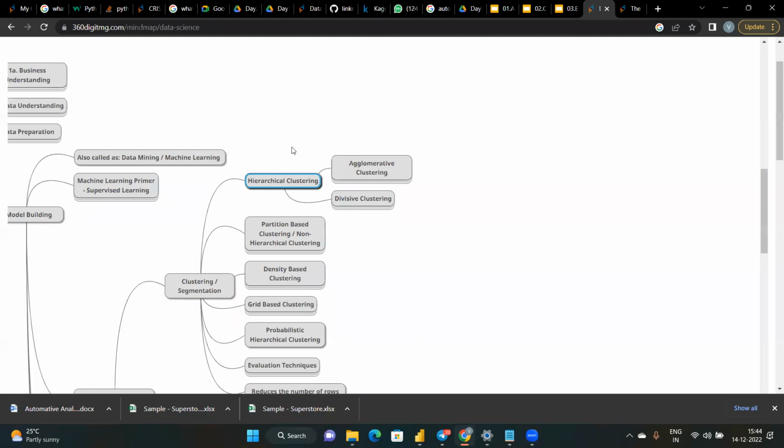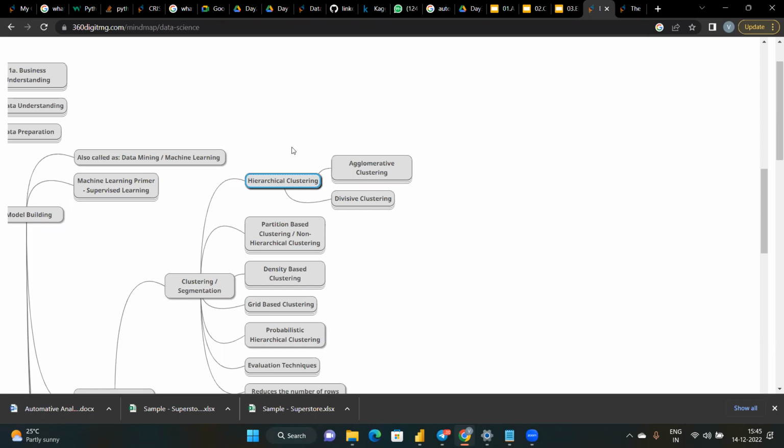In tomorrow's session we are going to do clustering, and I'll explain hierarchical clustering there when I show you the code, so it makes sense for you. I'll make sure we go through that tomorrow as we proceed with the course.